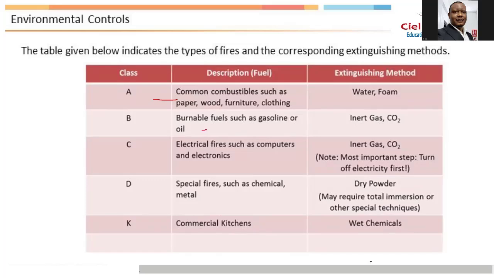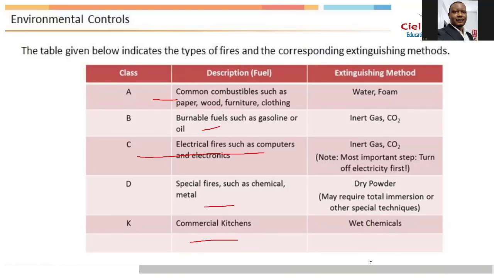Class B fires are fuel, like gasoline, petrol. Then Class C fire or Class E fire, electrical fires. Then Class D fires are what we call special metals, maybe aluminum. Then Class K fire is kitchen fire.